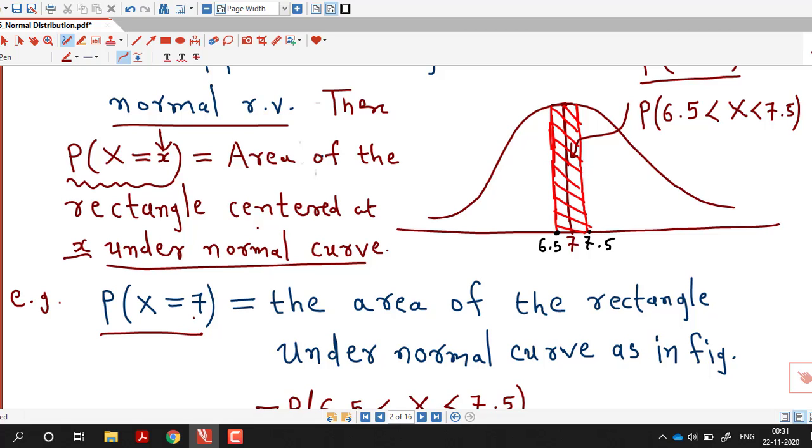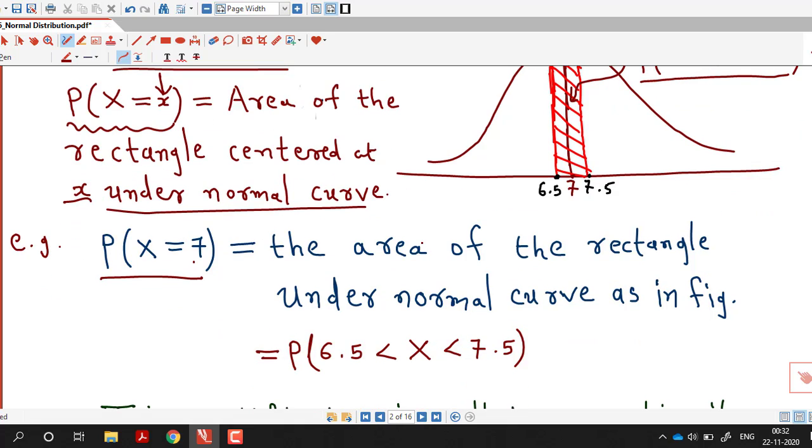For continuity correction, we will assume that the probability that X = 7 is nothing but the area of the rectangle shaded by these red lines, over the interval 6.5 to 7.5, and this area we can calculate using normal distribution, which we will discuss in the next lecture.